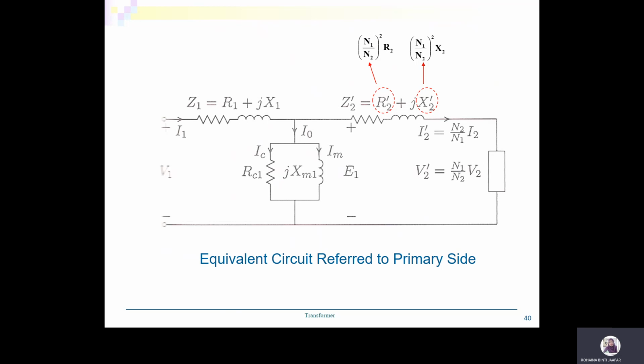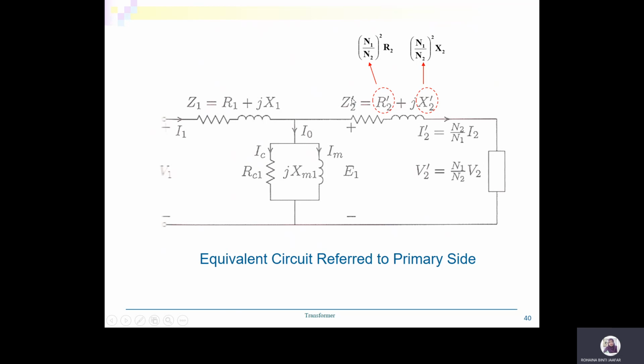From the steps, these are the conclusions for the equivalent circuit referred to the primary side. Z1 equals R1 plus jX1.